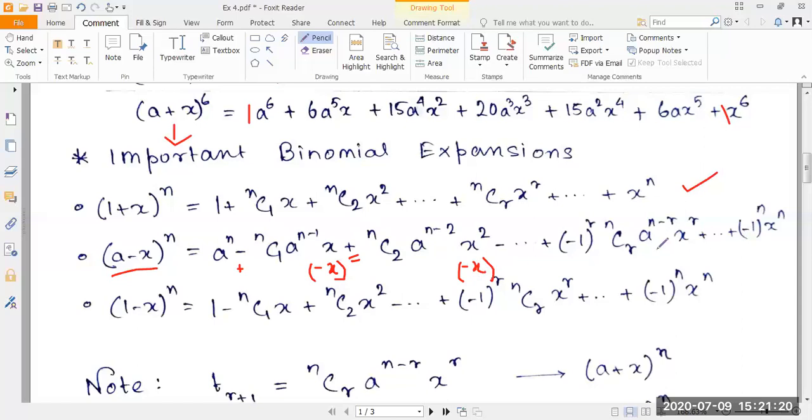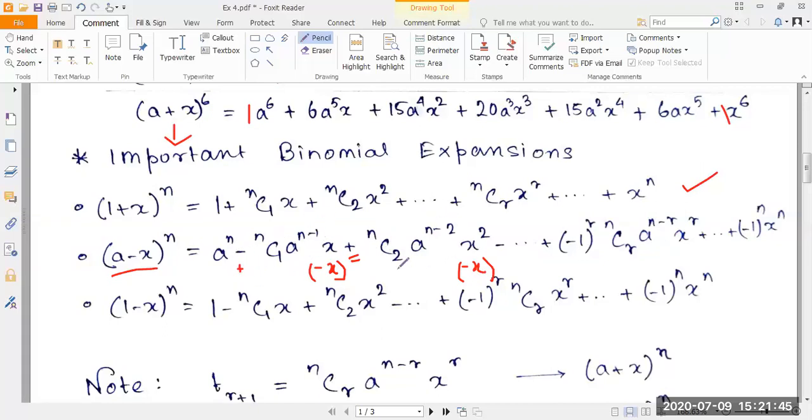Going on, we have the expressions as follows. As you can see, the second term is negative and the third term is positive. So whatever term we consider, if we have the second term, 2 is an even number, and when we have an even term, the sign is negative.